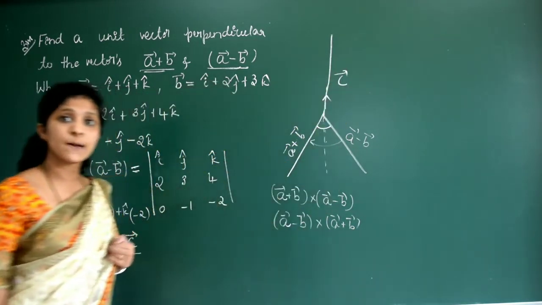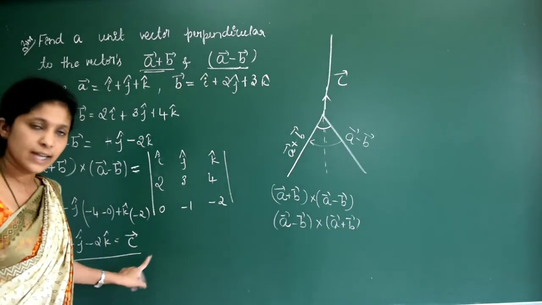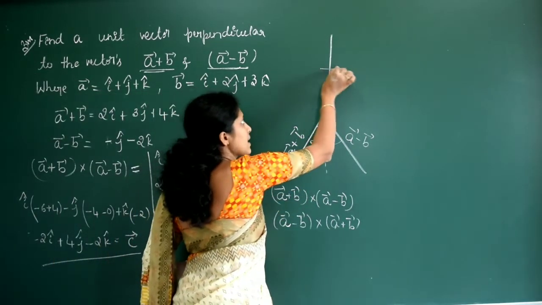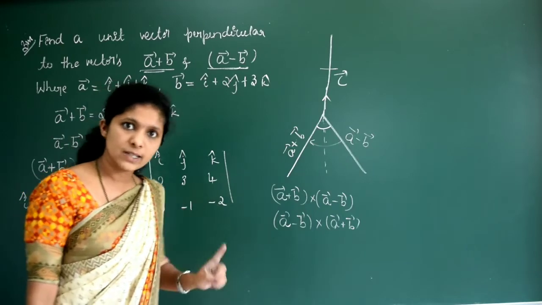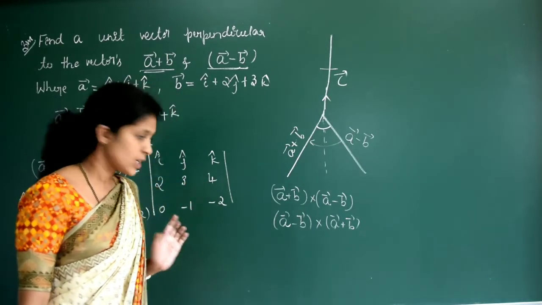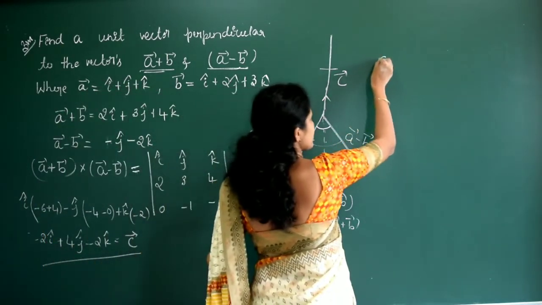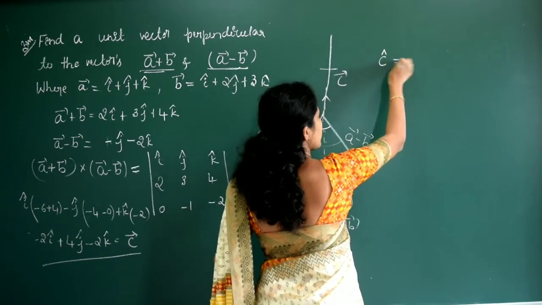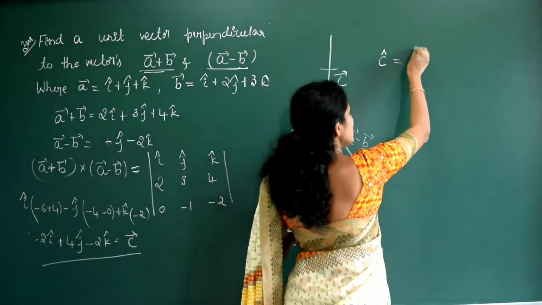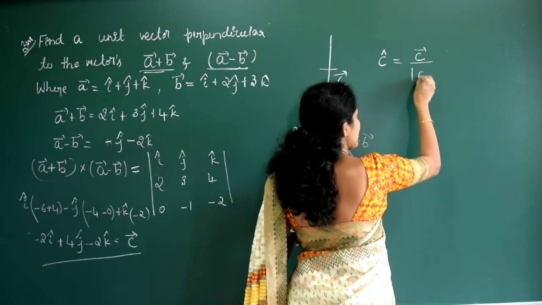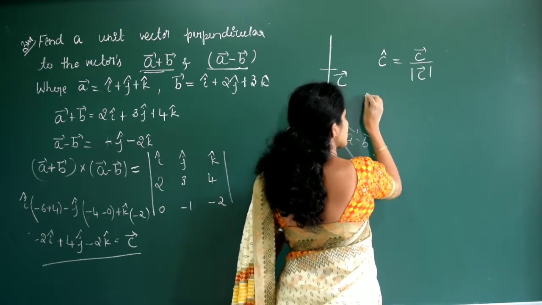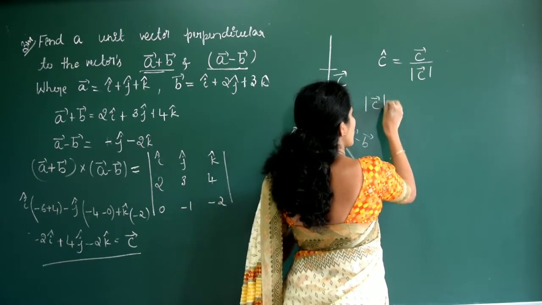But we need to find the unit vector of this one. Actually, this is a vector. Unit vector means the magnitude of that vector should be equal to 1. Right? So for this, the unit vector C cap is equal to C vector divided by magnitude of C vector. First we will find magnitude of C vector. What will it be?